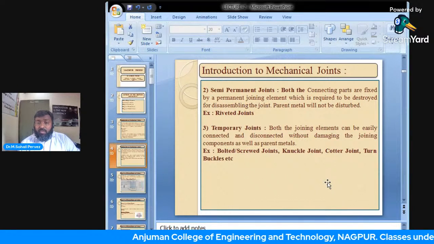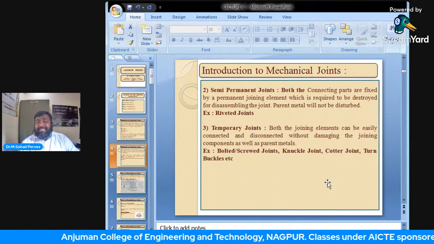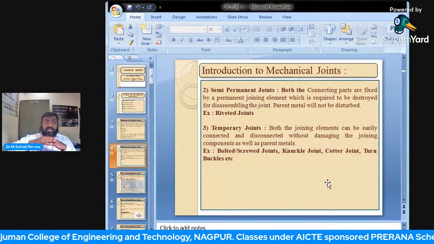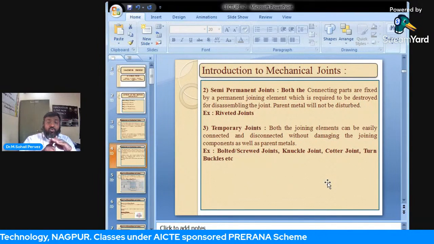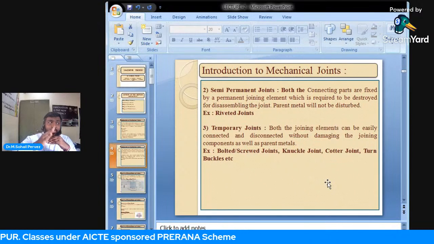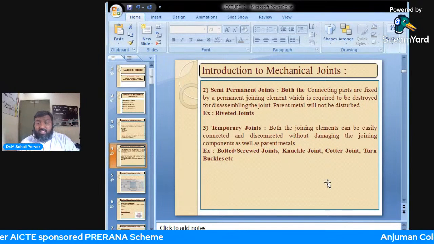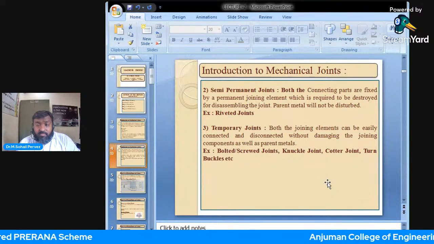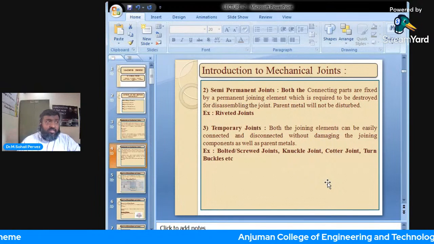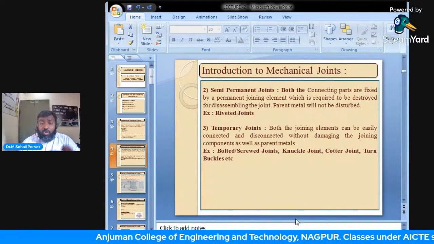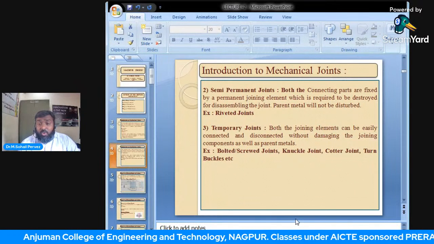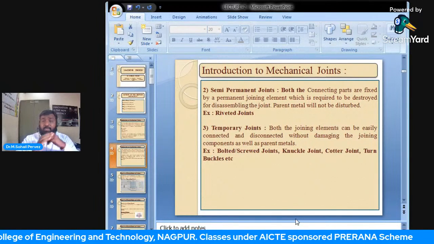Now, if you want to dismantle this joint, the rivet is to be destroyed completely. But the parent plates or the parent element will not get any significant jerk, and the quantum of destruction will not be there. So in this case, we say this is a semi-permanent joint.